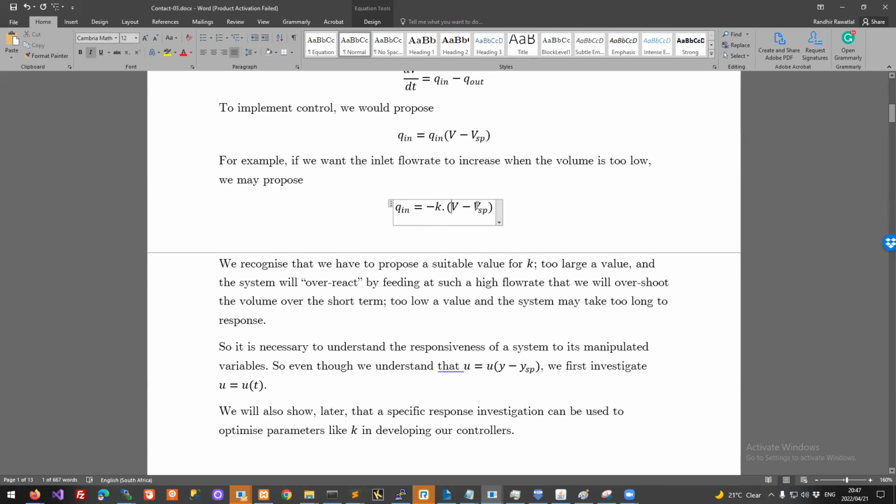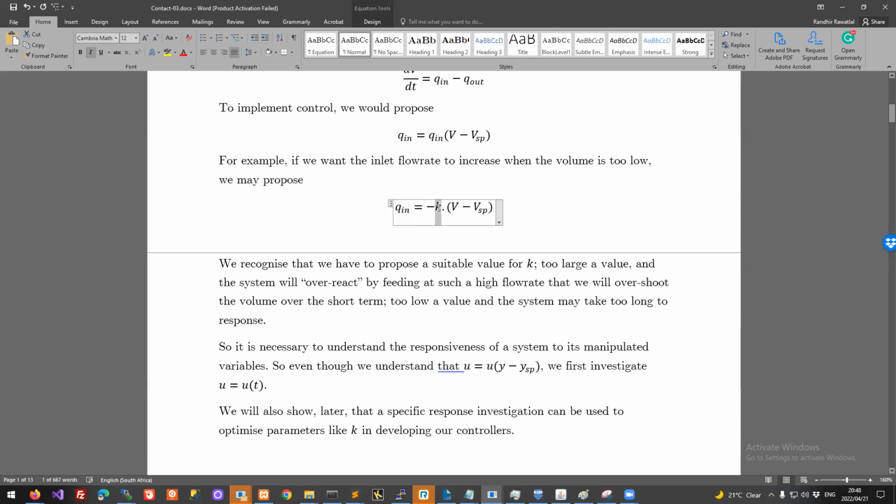So you can imagine, let's say we want a set point of 10 cubic meters, and let's say it's currently 11 cubic meters. And if we use a value, let's say of 1,000, then it's going to feed us with 1,000 cubic meters per second, right? Feeding us with a ton per second. And that's probably far too fast a control action. We will very quickly overshoot the set point value.